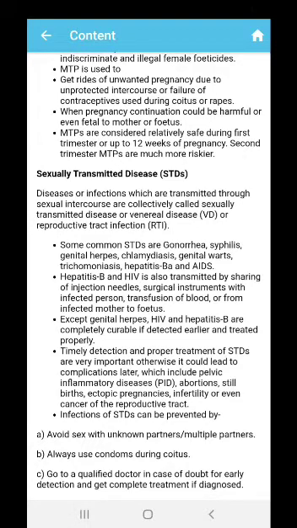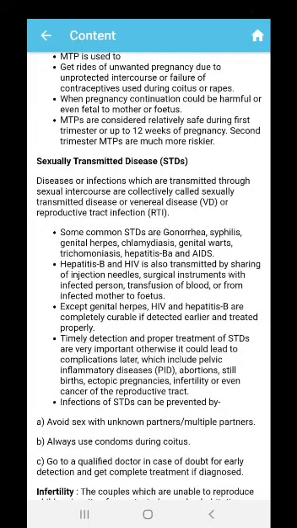There is one concept that HIV and hepatitis B can never be completely cured, but this is not true, except for genital herpes. All the sexually transmitted diseases such as HIV and hepatitis B can be completely cured, if they are detected in the earlier stage and treated properly by an experienced doctor.